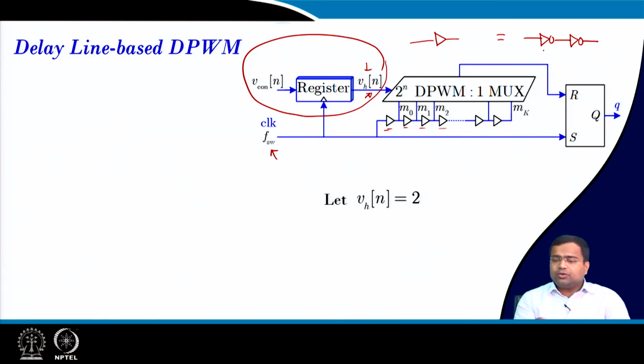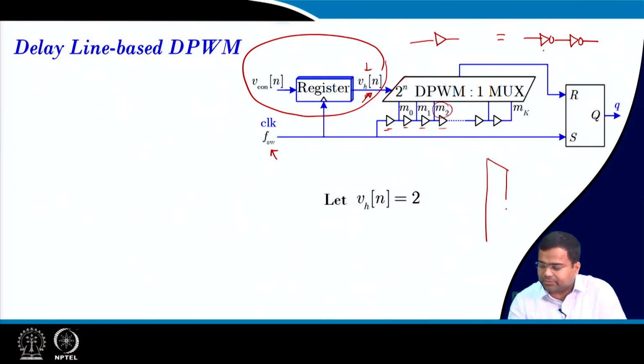How does it work? So, if this is a 2 to the power n mux, that means the number of inputs are 2 to the power n and a single output. We talk about mux, right, this mux. So, let us say it is 0, 1, 2 dot dot dot.